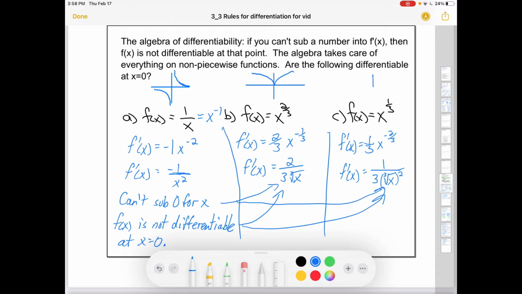If we wanted to look at the graph, we might understand why it's not differentiable at the point, namely that it goes vertical at x equals 0, and vertical doesn't have a number for slope. Slope is undefined. But just from the expression of f prime, we can tell that it's not differentiable at that point because you can't put 0 into that derivative function.